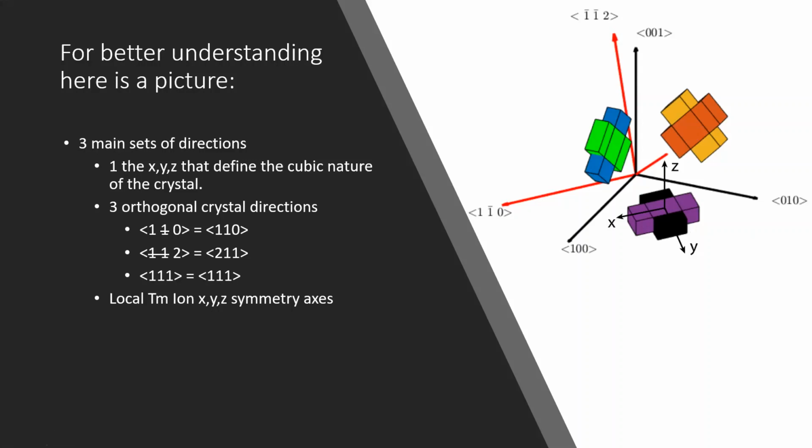This means that if I give you a direction, any direction, relative to a cubic crystal axis or relative to one of these red symmetric axes, then I can also tell you the projection of that particular direction on each of the 6 thulium ions' local axes. And this is going to be an important point that we track throughout the rest of these experiments.